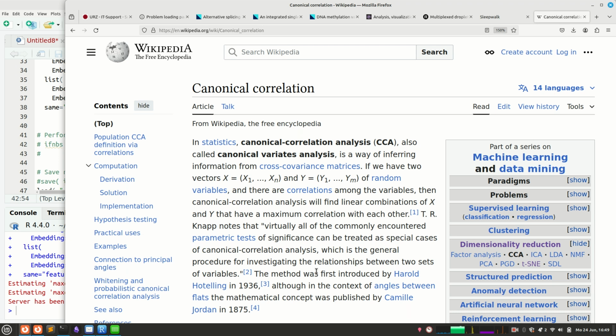Everybody familiar with that? So singular value decomposition, just to write it down again: any matrix M can be decomposed as M is U D V dagger, or V transpose, with U^T U like V^T V being 1.